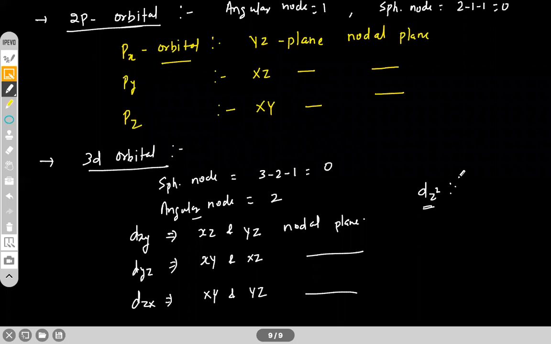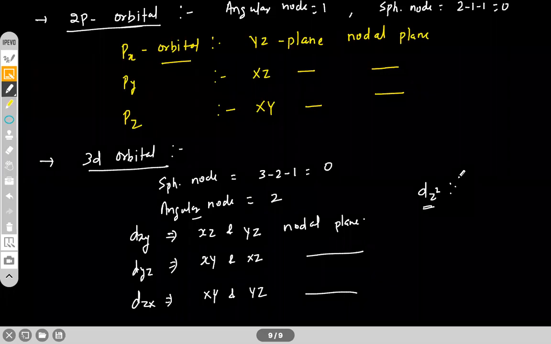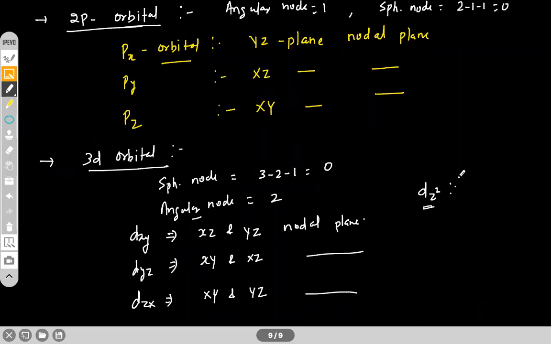Now, one question for dz square: there is no nodal plane. But the angular nodes for dz square orbitals are cones, meaning they are in the shape of cones.